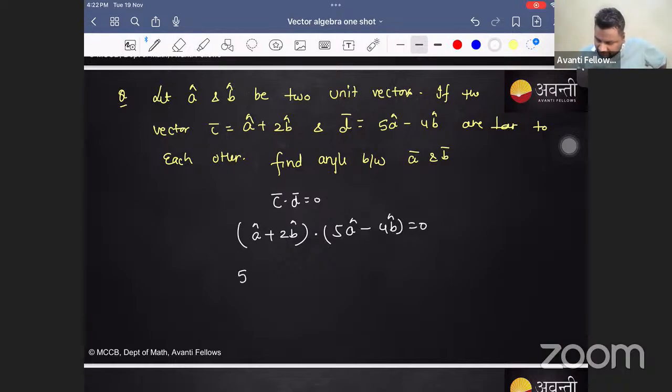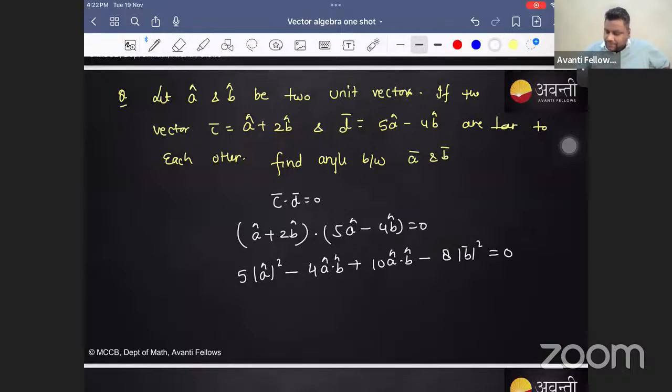So it is 5 times magnitude A cap squared, minus 4 A cap dot B cap plus 10 A cap dot B cap, minus 8 times magnitude B squared. Now since A and B both are unit vectors, I can say this is 5 plus 6 times A cap dot B cap minus 8 equals 0.